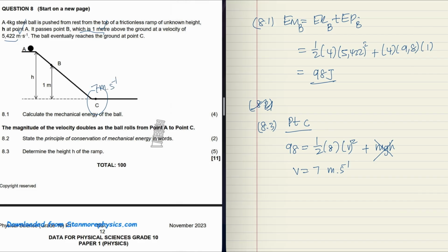So the velocity here is 7 meters per second. And since we know the velocity at C, we then know the velocity at A, because they tell us that it doubles as it goes down. So the velocity here is going to be 3,5 meters per second.